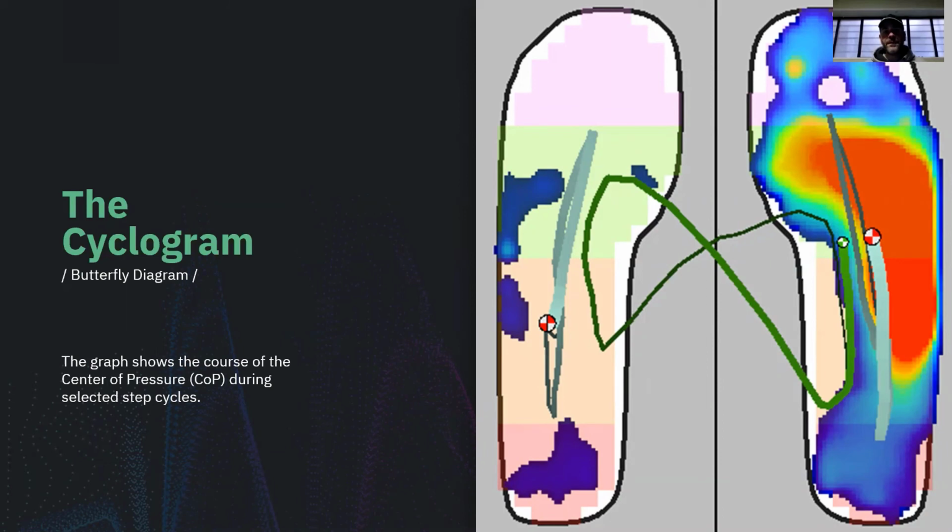This is the fourth type of data set that can be used. It's the cyclogram, also called the butterfly diagram. It is a graph showing the course of the center of pressure during selected step cycles.